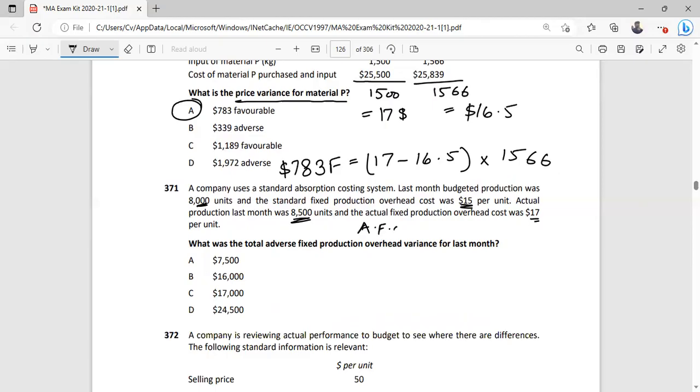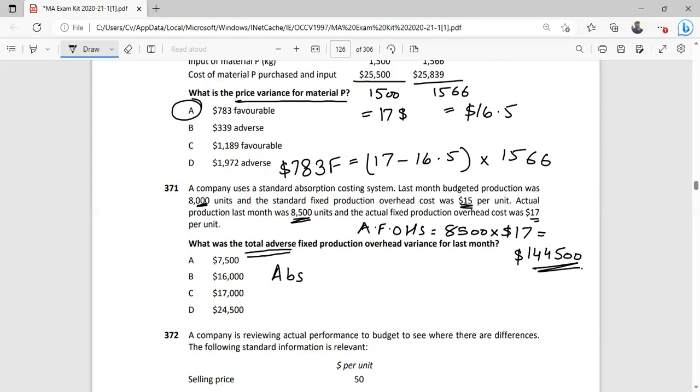So we can calculate actual fixed overheads is equal to 8,500 multiplied with 17. Actual fixed overheads are 144,500. He is asking total adverse fixed production overheads variance. So he is not saying fixed production overhead expenditure variance. He is asking for the total one. Whenever we talk about the total one means we need to follow the principles of under or over absorb.